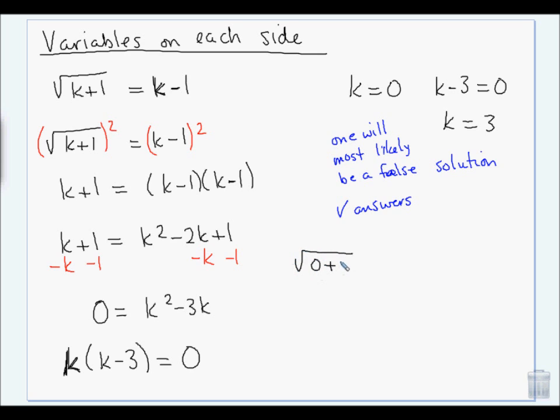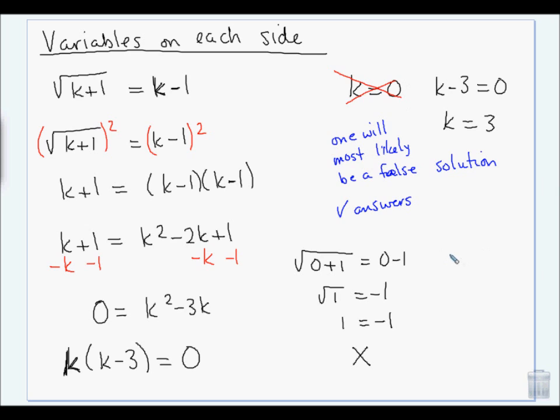So first I'll plug in 0 for k, and I get the square root of 1 is equal to negative 1, so 1 is equal to negative 1. That's not true. So 0 is not a solution.